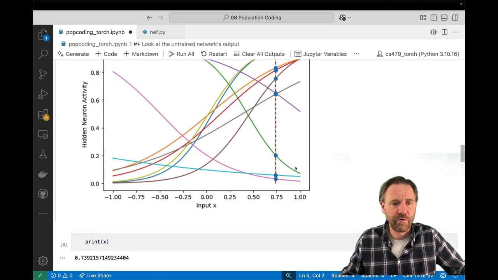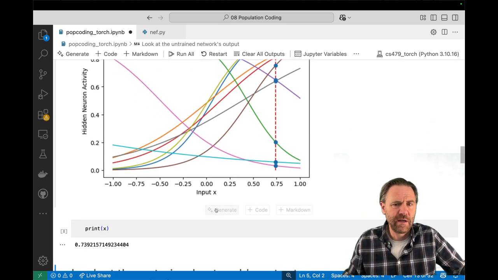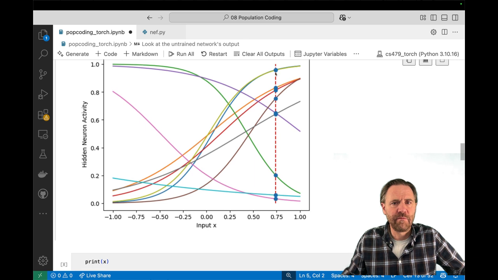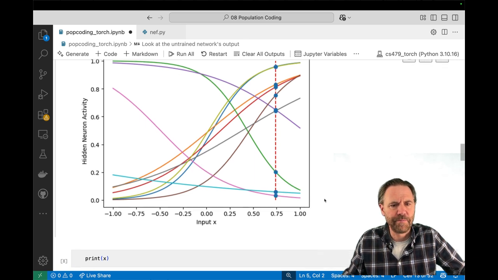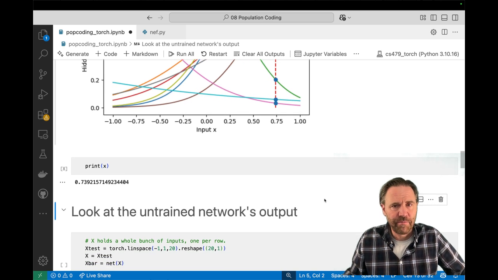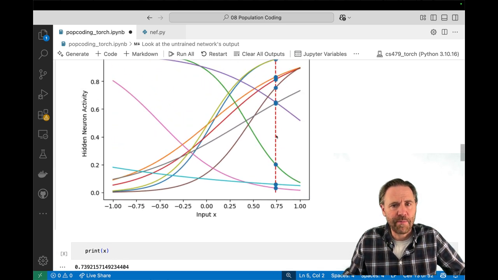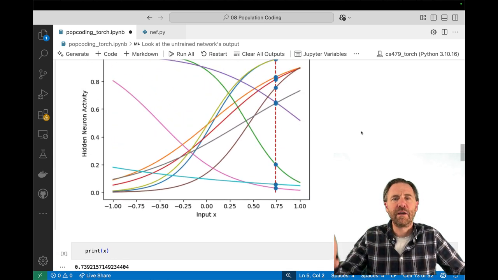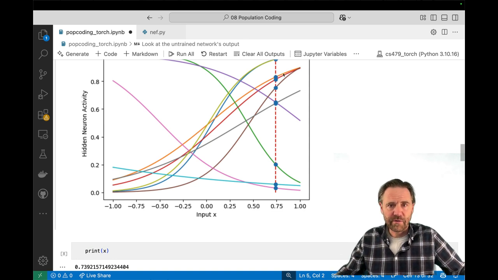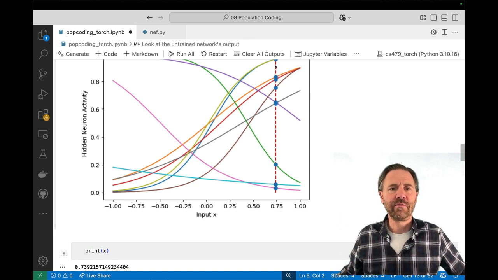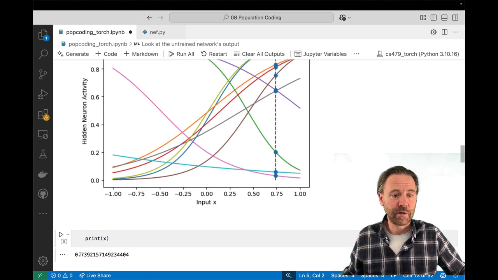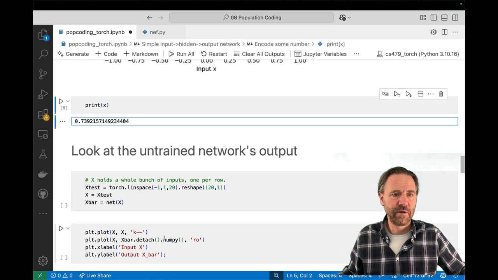In this case, we encoded 0.74, and from matching up these dots to the tuning curves, we can see it's about 0.74. Now that's all great, but can we do better than just eyeballing them? Yes, we can. We can find these decoding weights so that when we multiply those hidden layer activities by the decoding weights, it'll spit out a number close to 0.74.